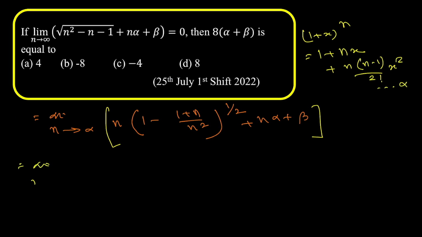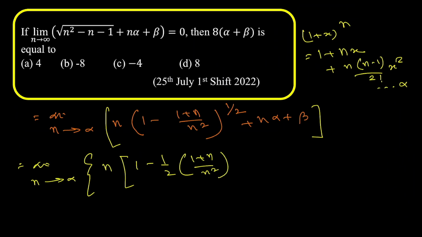So limit n tends to infinity, I am writing here n into 1 plus n x, where n is half, so half into (1 plus n by n square).